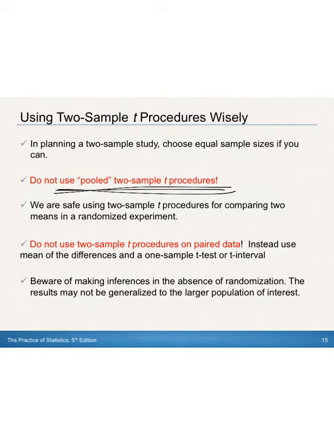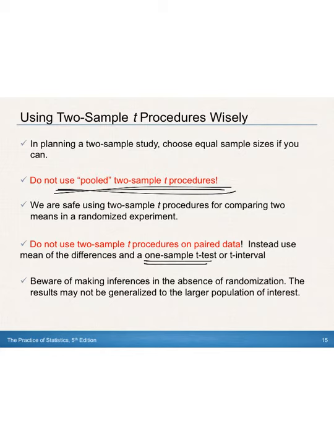When you compare two means in a randomized experiment, you're safe using T procedures, but we don't when we have paired data. Remember, paired data, you're looking at the difference of each of the individuals in the pair, what you're doing analysis on, so it's really only one sample, as opposed to two-sample T procedures, which are two different populations.